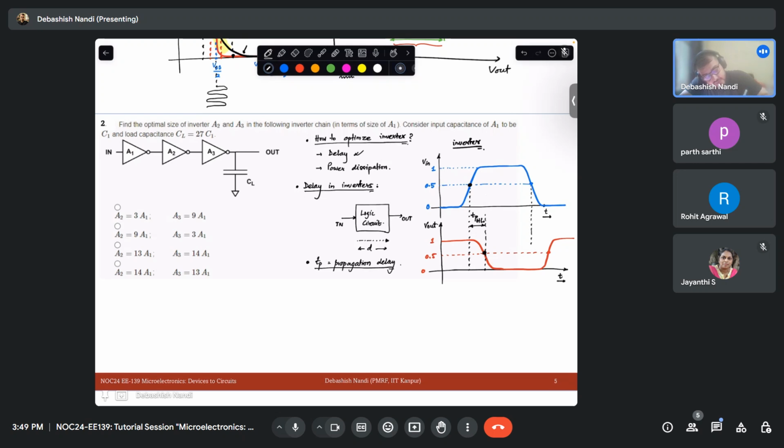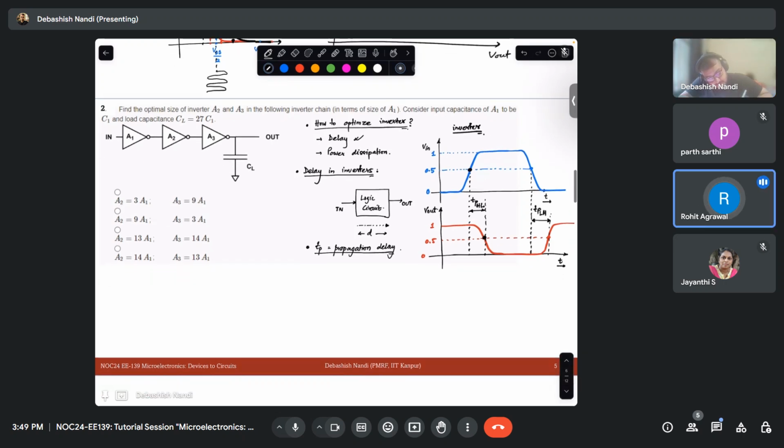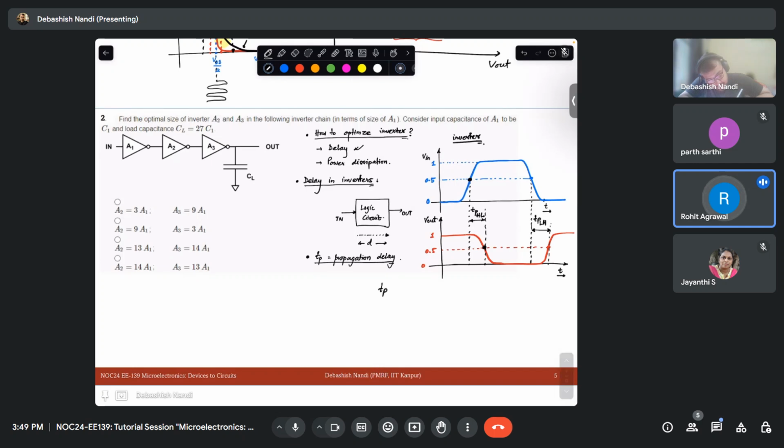Similarly, from this 50% point to this 50% point, we call it TPLH. TP stands for propagation delay, and HL and LH stand for high to low and low to high. TPHL is the propagation delay for the output going high to low.